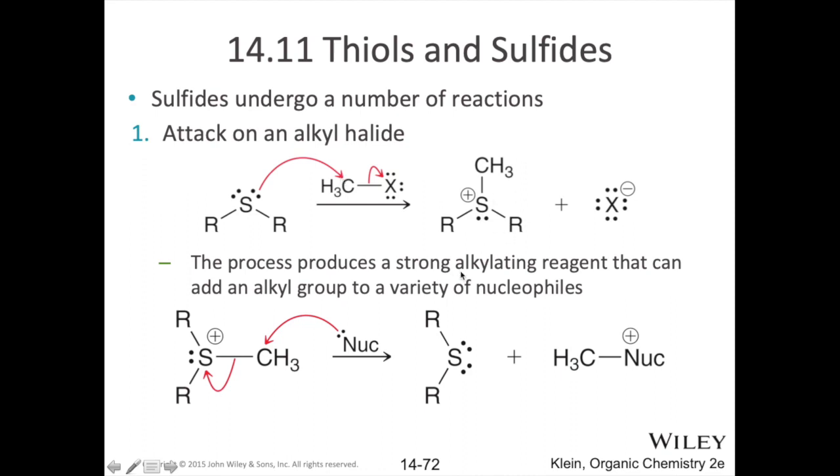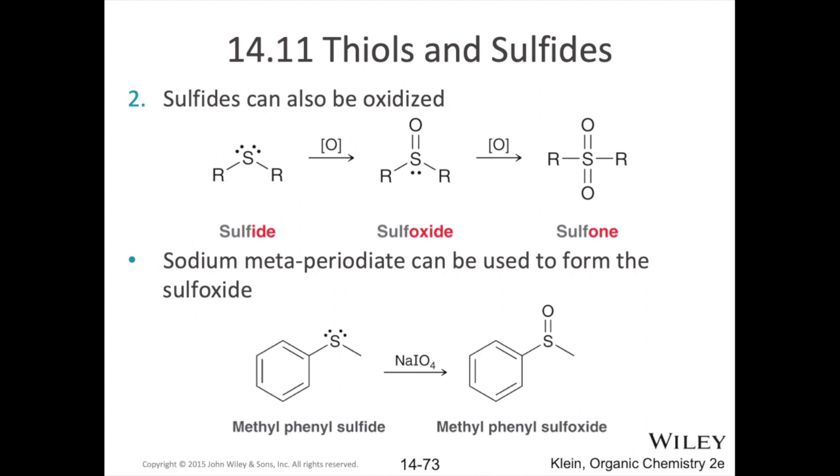So you can have another nucleophile come in and pluck off that alkyl group and reform your original sulfide. Okay, so essentially it allows you to transfer this alkyl group from your alkyl halide to a whole bunch of other nucleophiles.